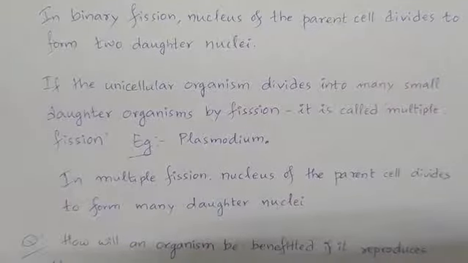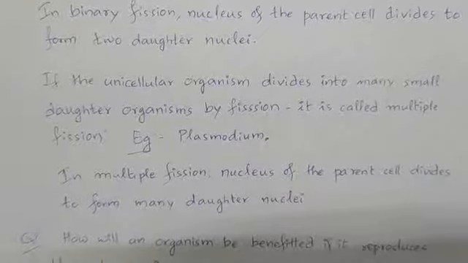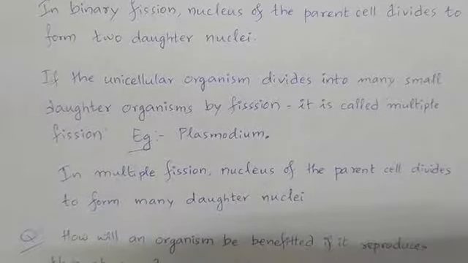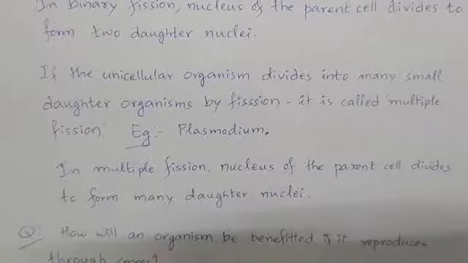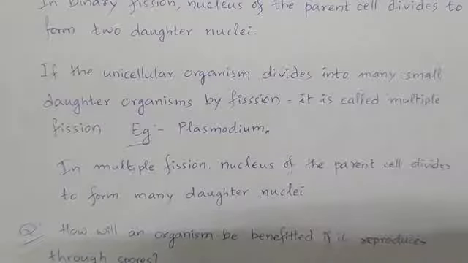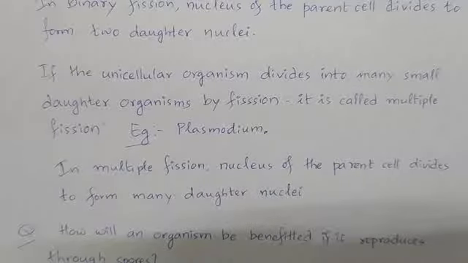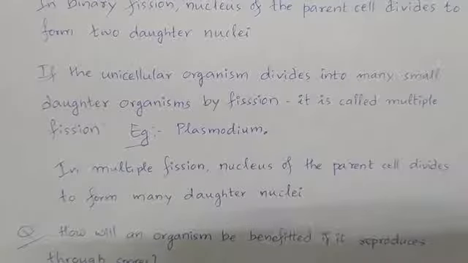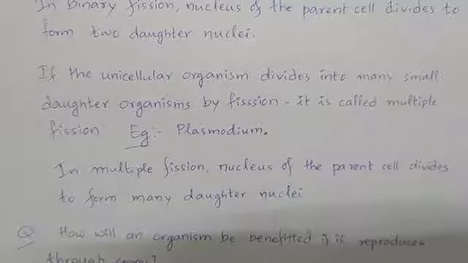In Leishmania, Trypanosoma like organisms, binary fission takes place, but in a specific orientation, because the cells have a specific shape and specific structures, in order to divide that structure equally into two daughter organisms. In a specific orientation or at a specific angle only, the binary fission should take place.